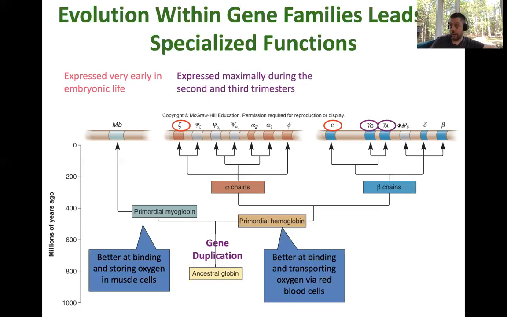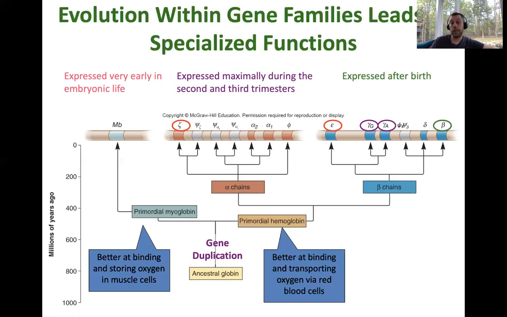Slightly later on in your life in utero, in the 2nd and 3rd trimesters of pregnancy, these purple versions of the beta chain are expressed because they work best for what you require at that point in your life.